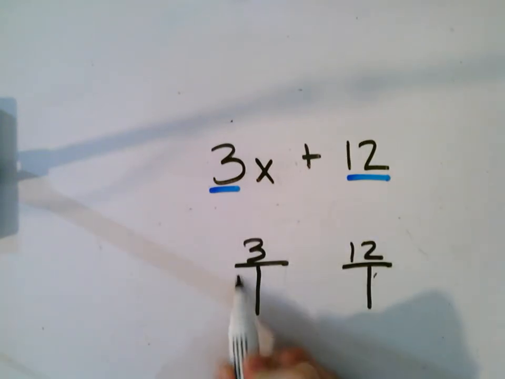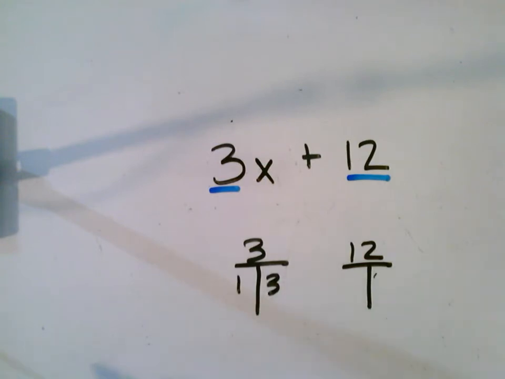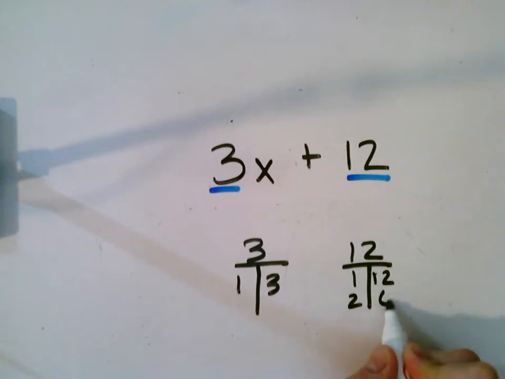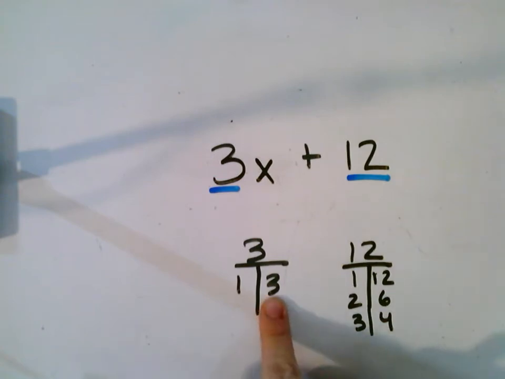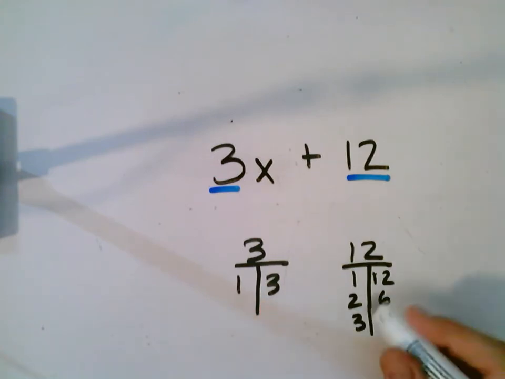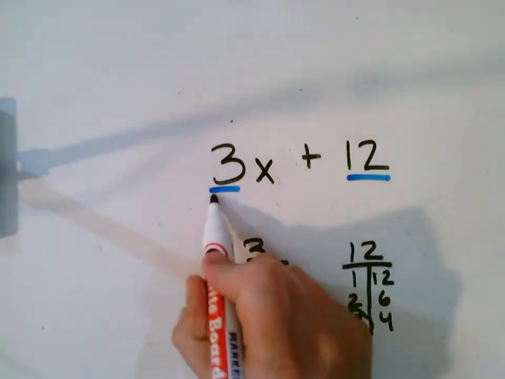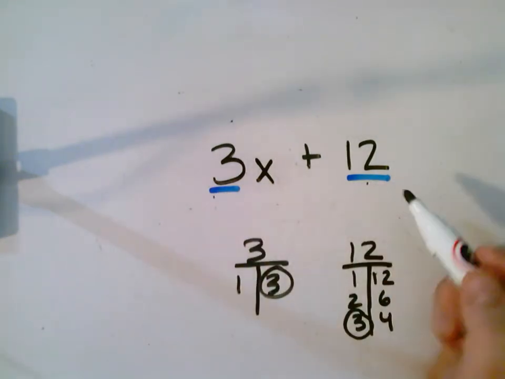Well, 1 times 3 is the only thing that makes 3. 12 is 1 times 12, 2 times 6, and 3 times 4. But I didn't even need to do all of that, because all I had to think is, is 3 a factor of 12? Yes, it is. So I'm going to factor out, or divide out, a 3 from both of these numbers.